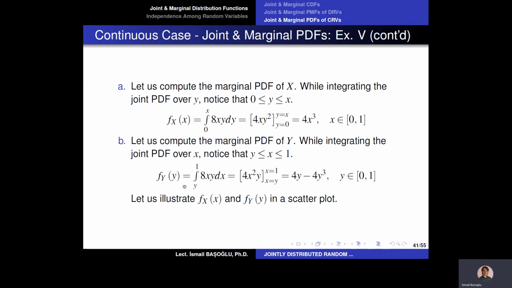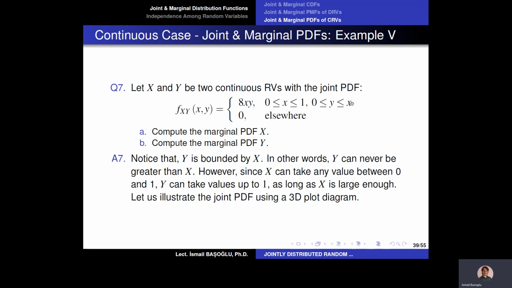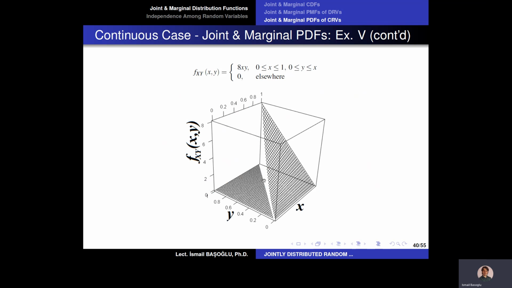Remember, if you're interested in the marginal PDF of a random variable, you need to integrate the bivariate joint PDF over the other variable. And the other variable can possibly take values between y and 1, because as you can see here, x can never be less than y. For a specific value of y, the possible values of x are defined between y and 1.